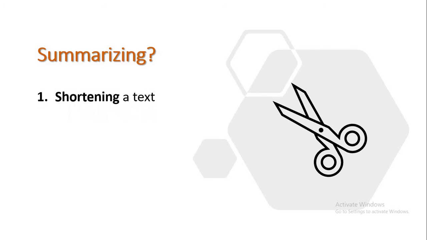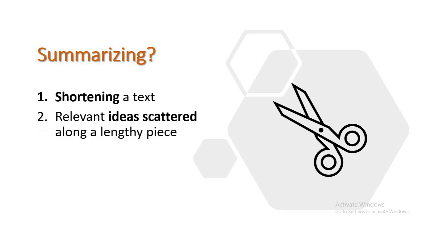Summarizing is the act of shortening a text by highlighting the relevant ideas that are scattered along this lengthy piece of writing. We cut, for instance, a 10-page article into a 1-page summary.